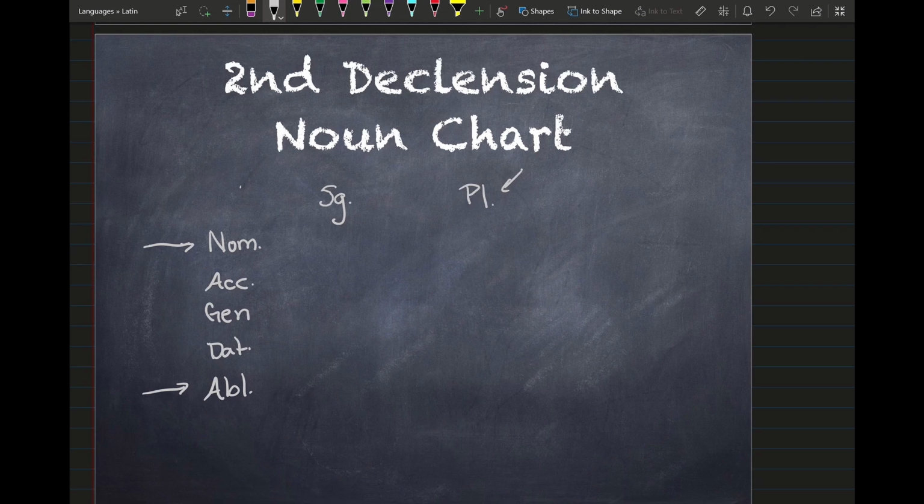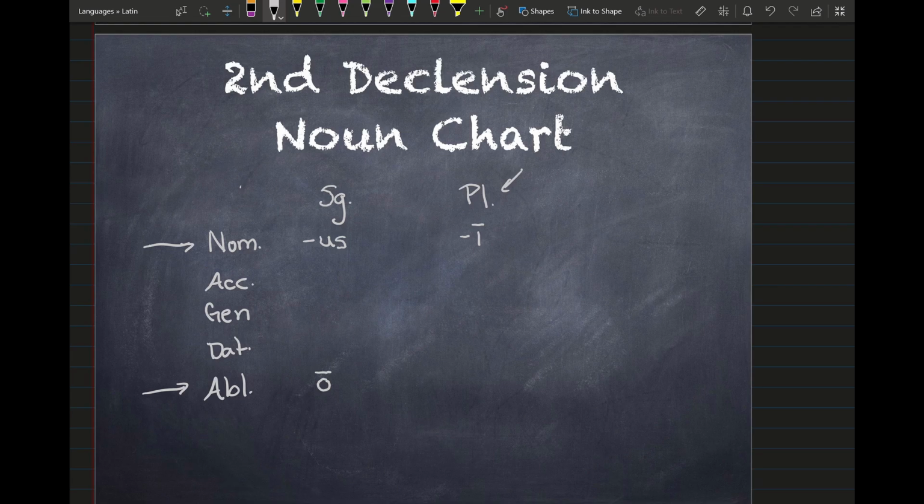So, if it's a second declension masculine noun, it will end in the -us in the nominative. It will end in an I with a macron if it is plural, nominative plural. If we encounter a noun that is in the ablative of place where, which describes location, we will see it with an O with a macron on the end of it.